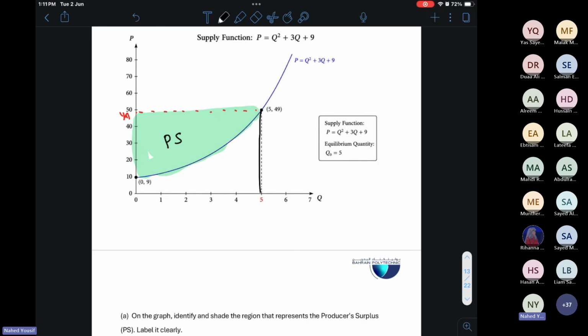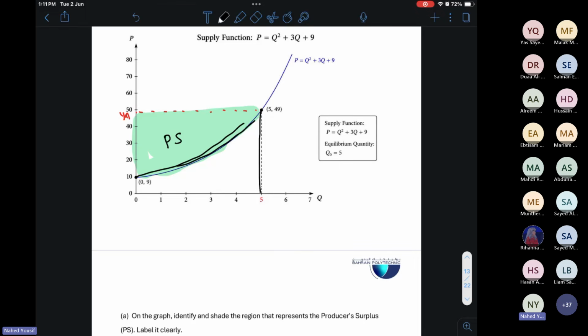It will be under the equilibrium price and above the supply function, so it will be this area. It is always like this if it's PS.